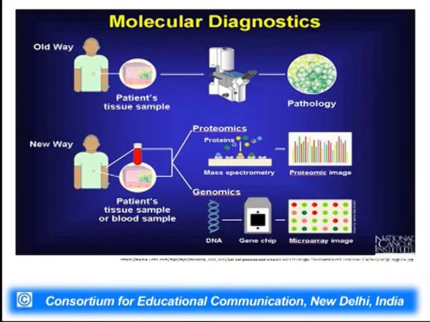Now, in the advanced genomics and proteomics era, the patient's tissue sample or blood sample is taken up, then proteomic studies are done, in which protein analysis is done through various techniques such as mass spectroscopy, proteomic images. Then genomic studies are done, in which the DNA and RNAs are checked with the help of various available technologies, which include gene chip, microarray technologies, DNA sequencing.